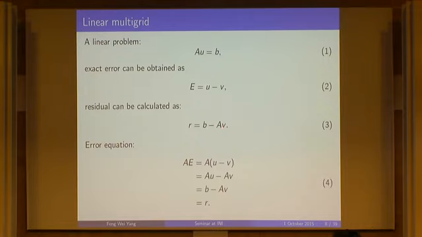We can calculate the residual at any given time we want using the approximated solution, and it should be no difficulty to see the relation between the error and the residual. But the thing is, obtaining the true error is as hard as obtaining the true solution in the first place. So the next best thing would be an approximated error.